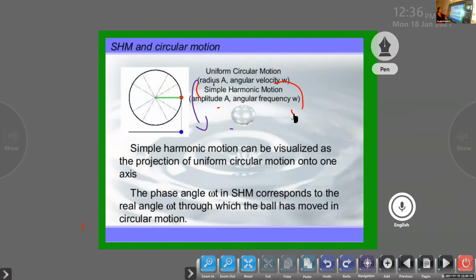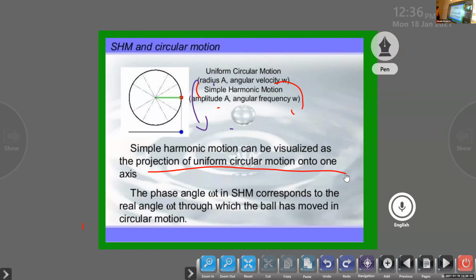Once again, in uniform circular motion, radius A, and instead of that in simple harmonic motion we have amplitude A; in uniform circular motion we have angular velocity omega, but in simple harmonic motion omega stands for angular frequency. Thus simple harmonic motion can be visualized as the projection of uniform circular motion onto one axis.